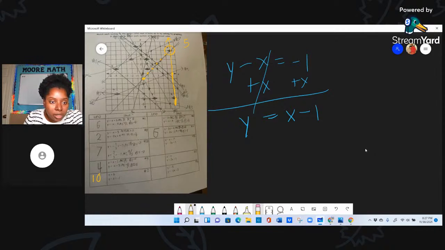Okay, number 8 says y minus x equals -7.